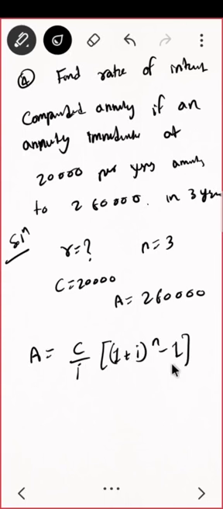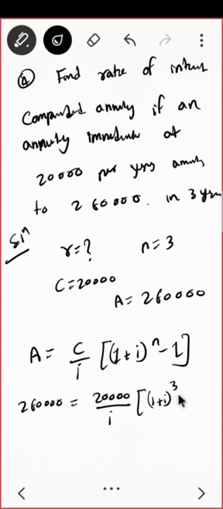Correct. 1 plus I raised to n minus 1. So what we are supposed to, I पहले calculate करते हैं फिर we'll go to R. So this will be E का value is 260 and C value is 20,000 upon I, bracket 1 plus I as it is here, raised to क्या आएगा? 3 ना? Minus 1.